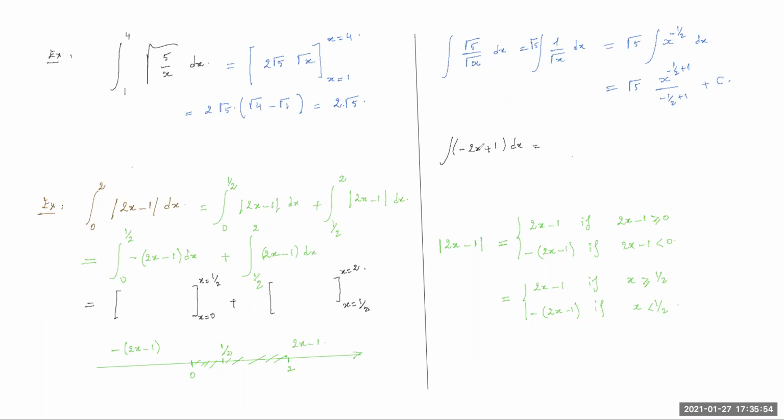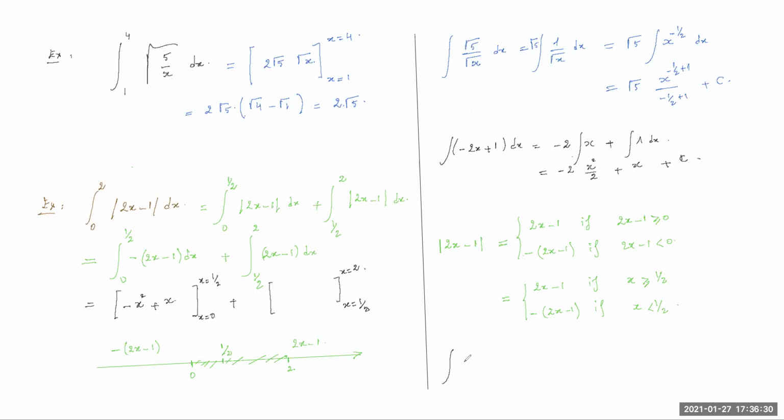You have a sum. If you are hesitating, with a factor, just go through the steps. Minus 2, and I can separate the 1. Now it's much clearer. Power: minus 2 x squared over 2 plus x, since 1 is x to the 0, so it will be x plus a constant. So my antiderivative is minus x squared plus x.